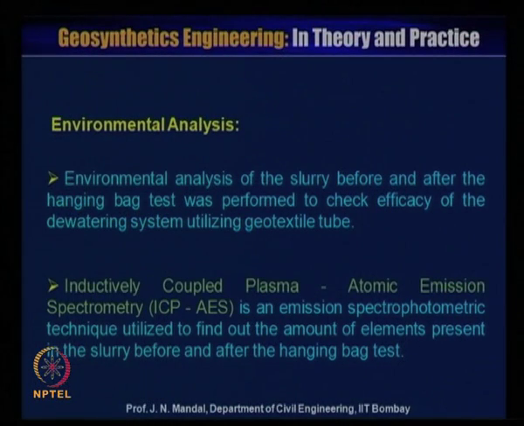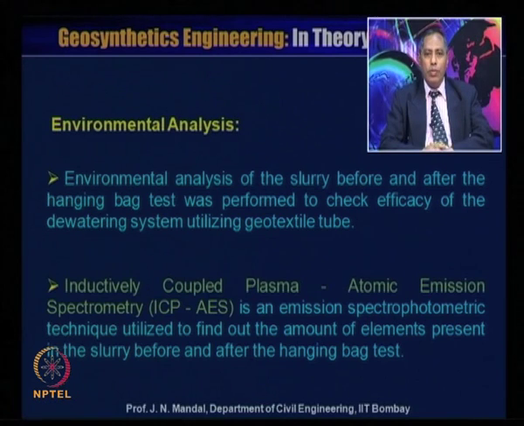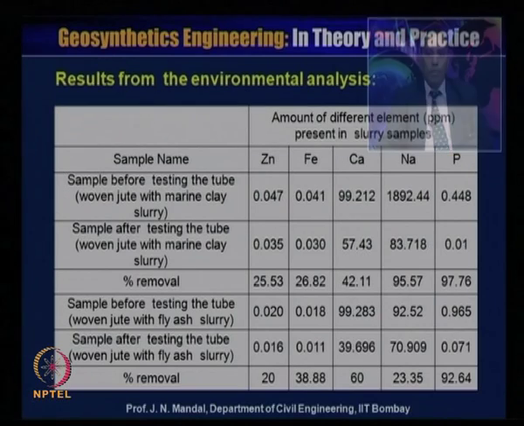Environmental analysis of the slurry before and after the hanging bag test was performed to check the efficacy of the dewatering system utilizing geotextile tube. Inductively coupled plasma atomic emission spectrometry, ICP-AES, is an emission spectrophotometric technique utilized to find out the amount of elements present in the slurry before and after the hanging bag test.